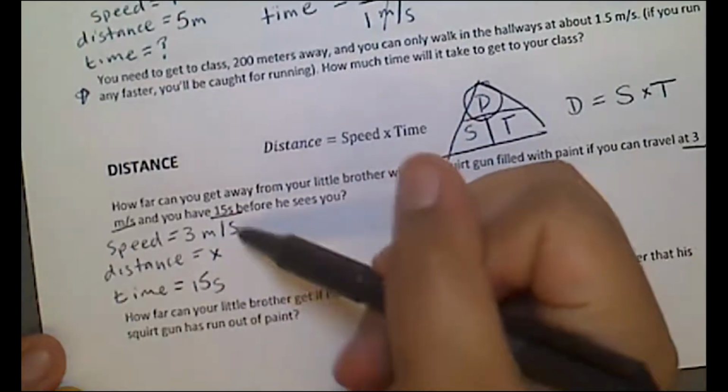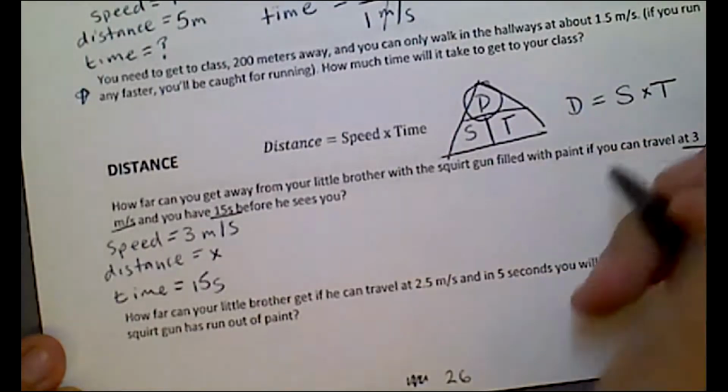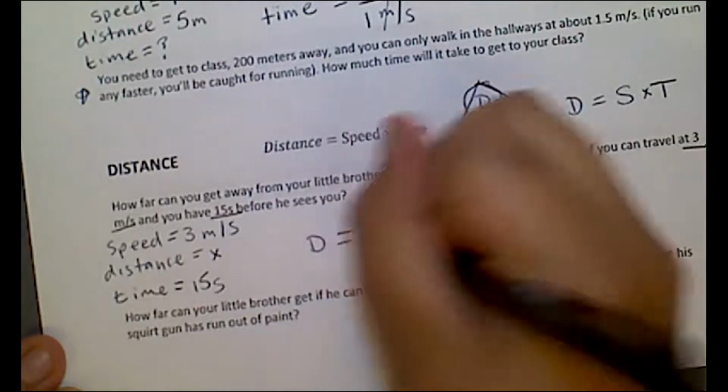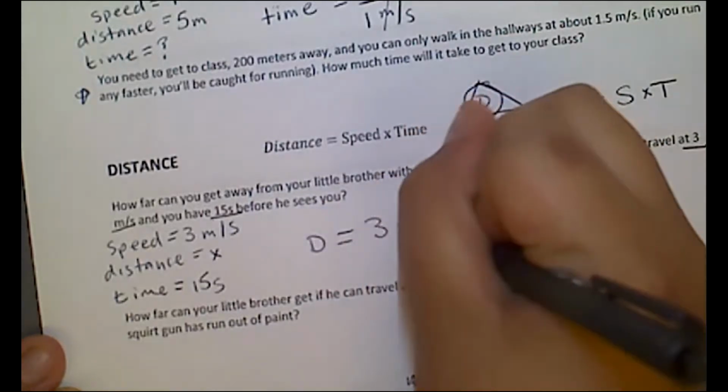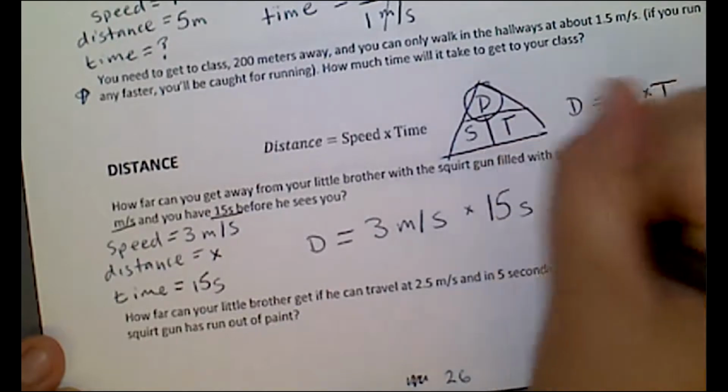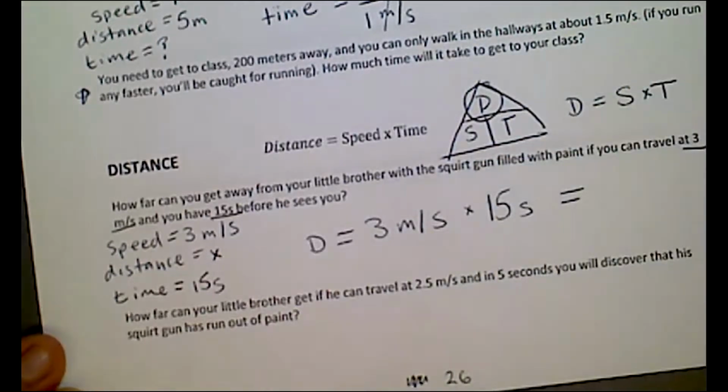Yes. So I'll put 15 seconds. So now I'm going to plug these numbers into my formula, which is distance equals speed times time. And what's 3 times 15?